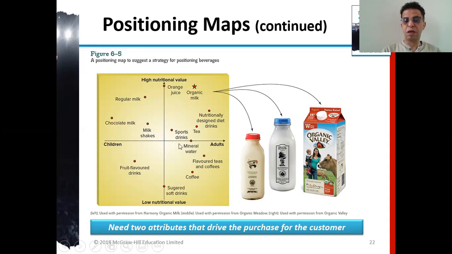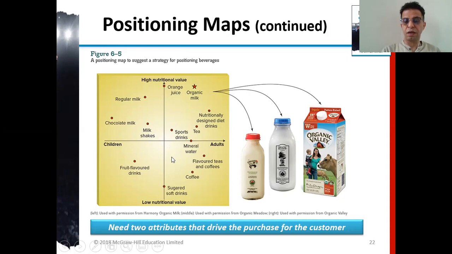It's the same thing with how you feel about it. Is it healthy? Is it nutritious? The consumers will tell you where it fits. So when people say, for example, organic milk, it is for adults and highly nutritious. But tea, for example, is for adults, but average nutrition.